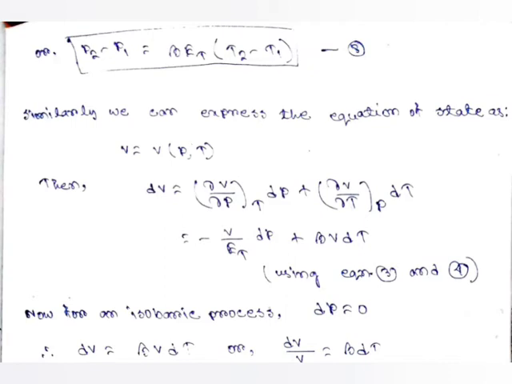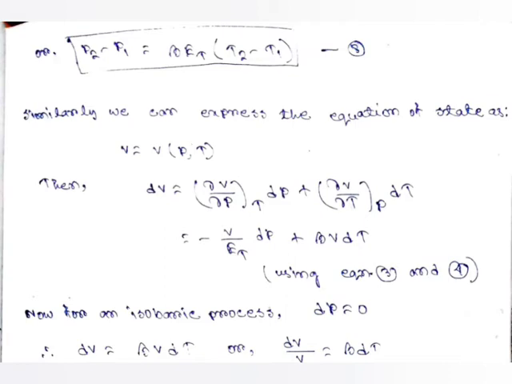Similarly, if we express volume as a function of pressure and temperature, we can write the change of volume dV equal to minus V by ET dP plus beta V dT. Here also we have used the definitions of beta and ET. Again, for an isobaric process, change of pressure dP is equal to 0.